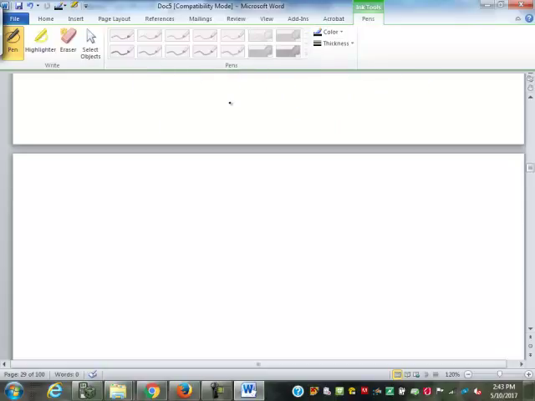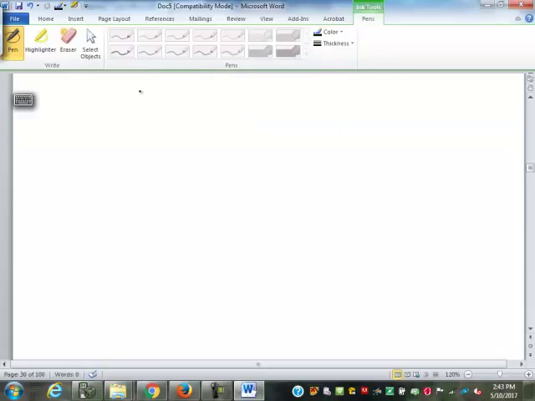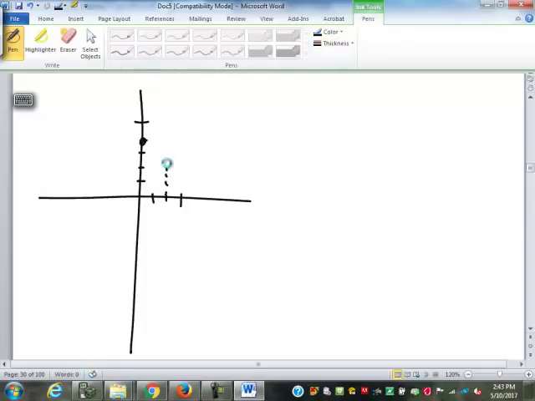It might not be quite that simple with being on the axes. It might look something like this, where I have it go through like this.